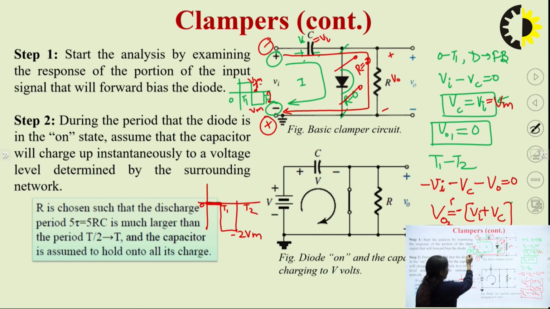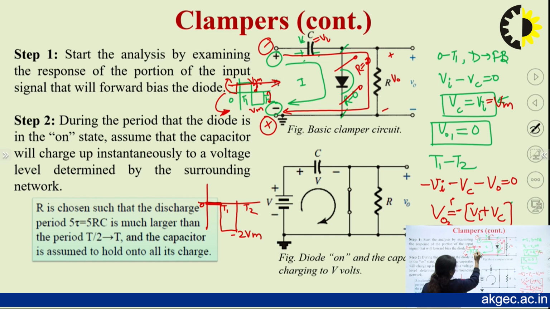Now here we can see that our DC load line has shifted upward. If I shift my DC level upward, then only I will get this output waveform.